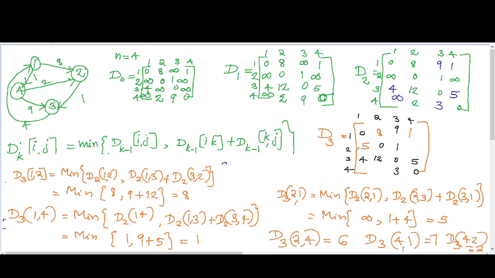So D3 of 1, 2 is 8. D3 of 1, 4 is 1. Then D3 of 2, 1 is 5.